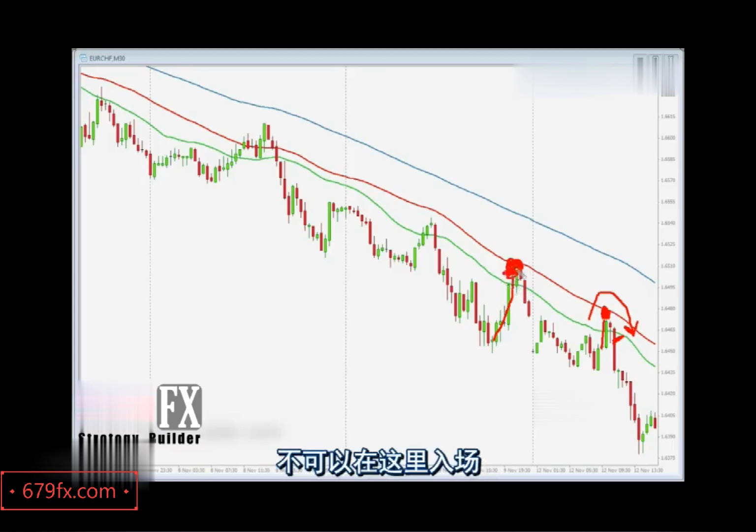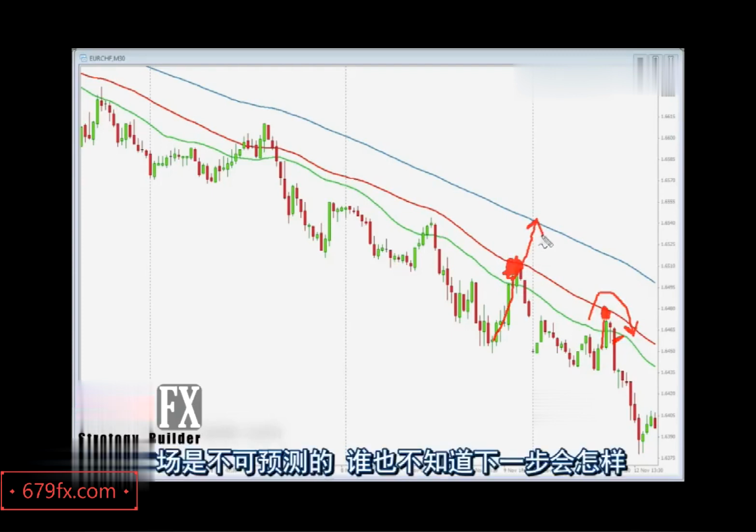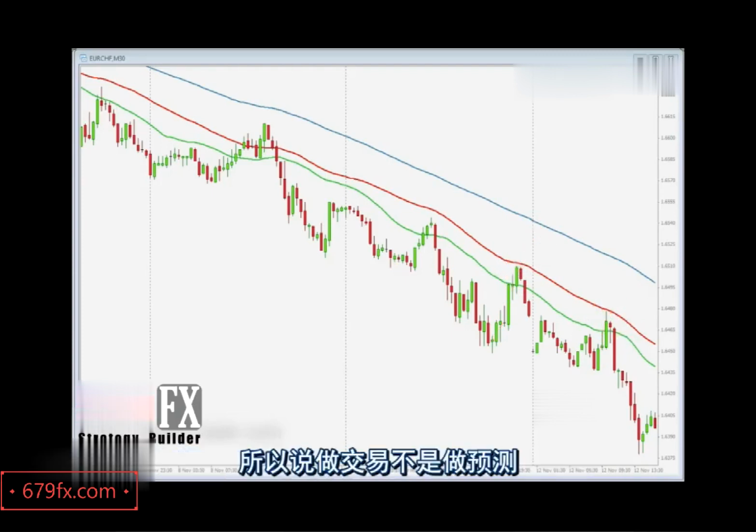You don't want to enter there, okay, because price just very easily could breach through. You never know. All right, in trading you never know what the next move is gonna be. That's why trading is not about prediction. Newbies try to predict, okay. Professionals simply try to react quickly enough.